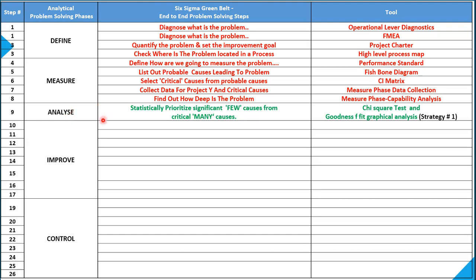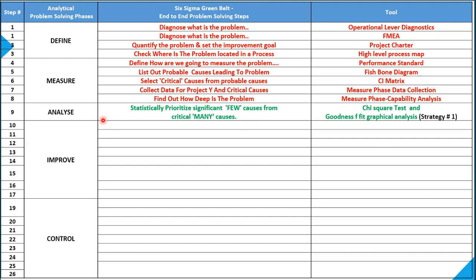And now we are entering the second part of the analyze phase, where we are going to actually do some statistical testing based on the statistical tool.